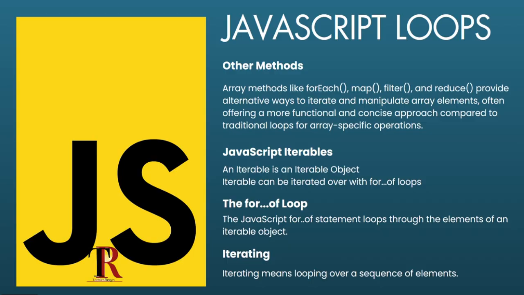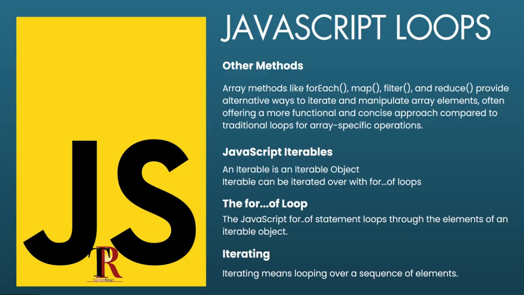Now, the for of loop that we just saw in the previous video, the JavaScript for of statement, loops through the elements of an iterable object. You can see that it directly looped through the elements of that object and gave us the output.